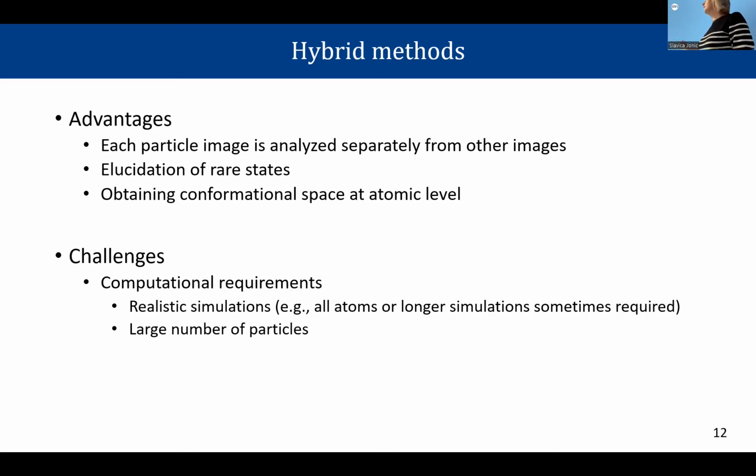But the challenges are computational. As I said, we would like to use all atoms, but we cannot because the simulation would be too long, too slow. And the question is how long we make this simulation, because we have some trajectory that the atoms will follow, and how long we simulate is very important. We can give you some hints.